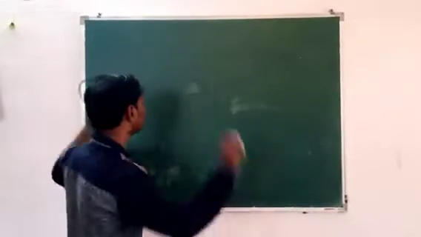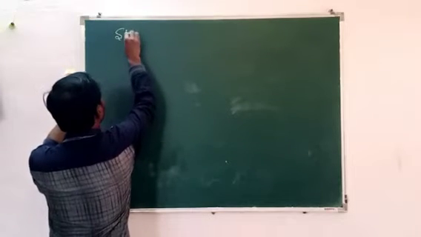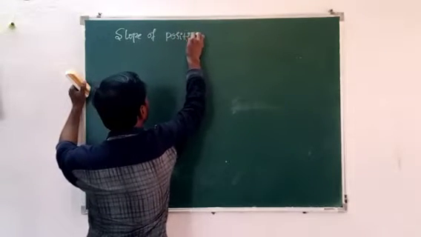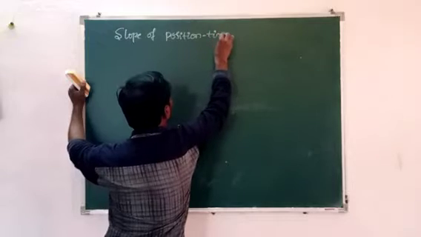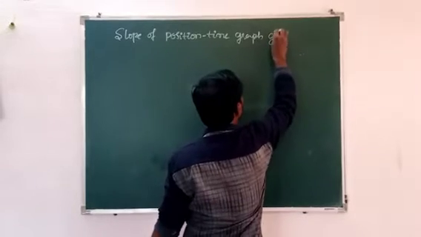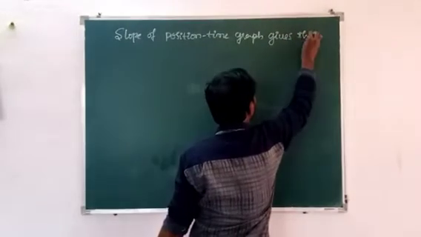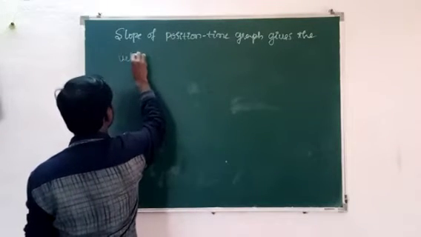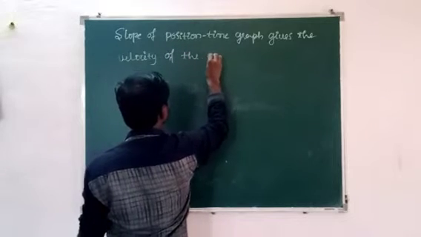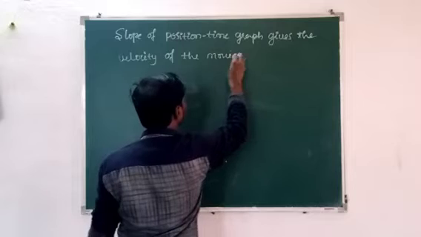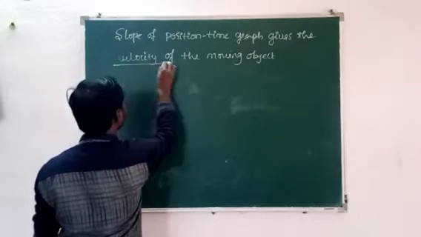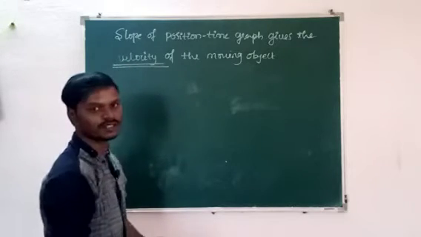Okay, see here, the slope of the position versus time graph gives the velocity of the moving object, or otherwise you can say the velocity of the object.